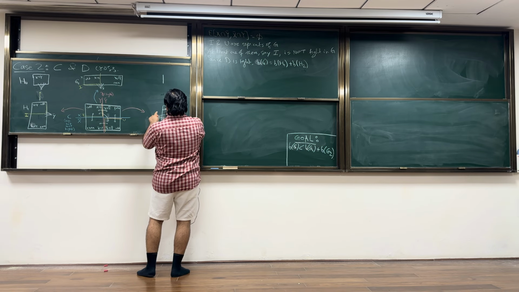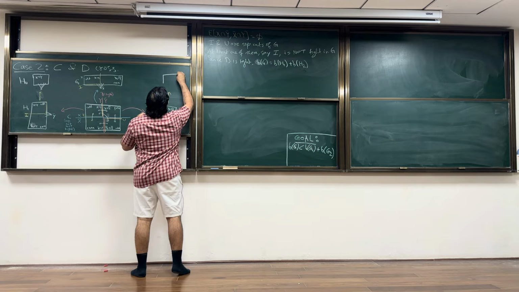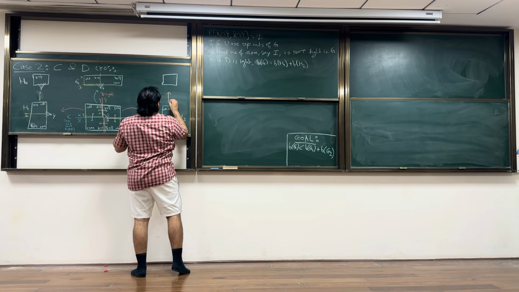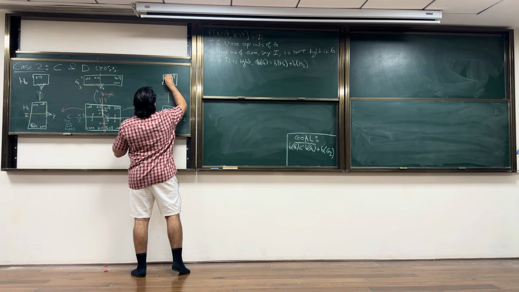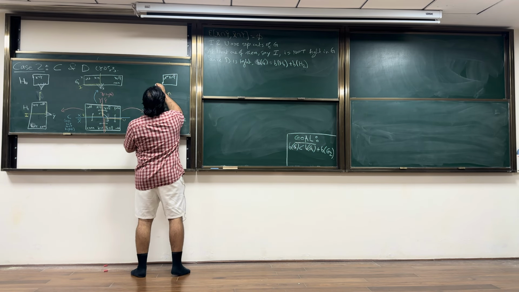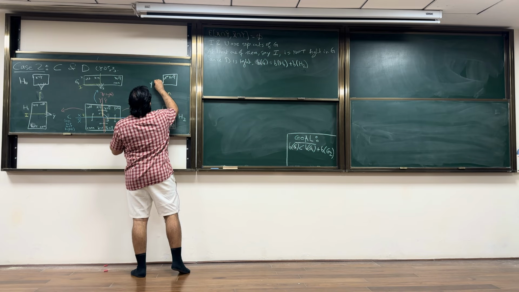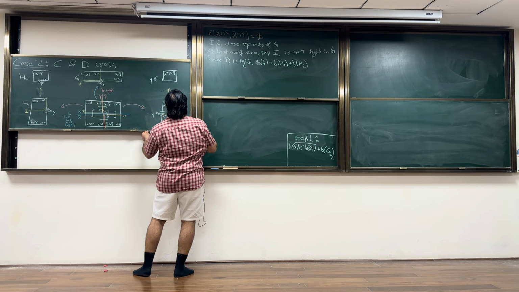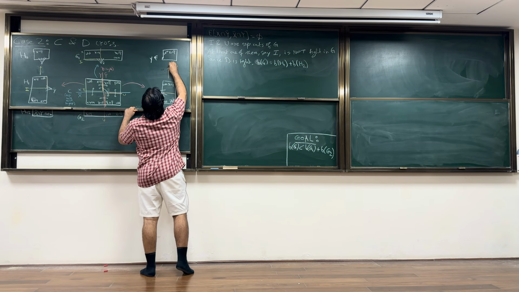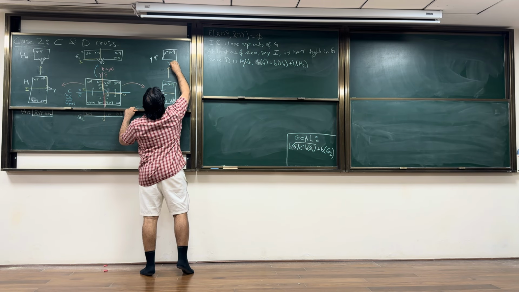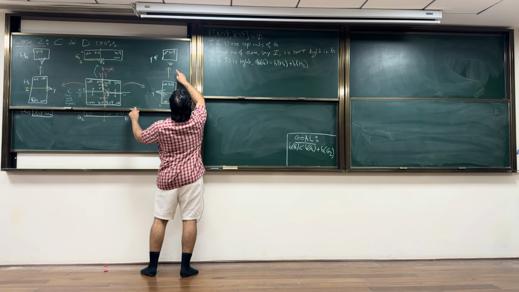I keep this set as it is. This is X intersection Y bar. This is an even number of vertices. This vertex is little y. And this whole thing becomes a single vertex. And I will call this H21.